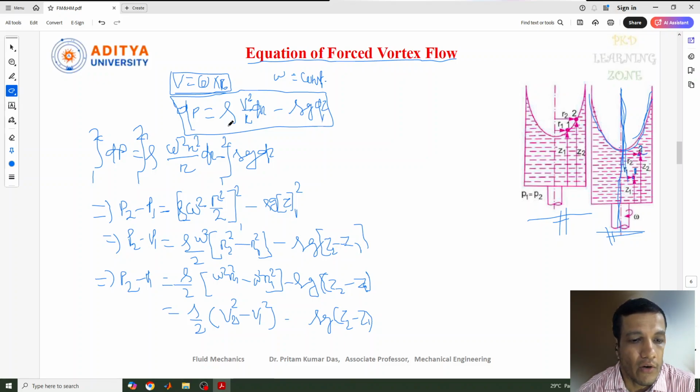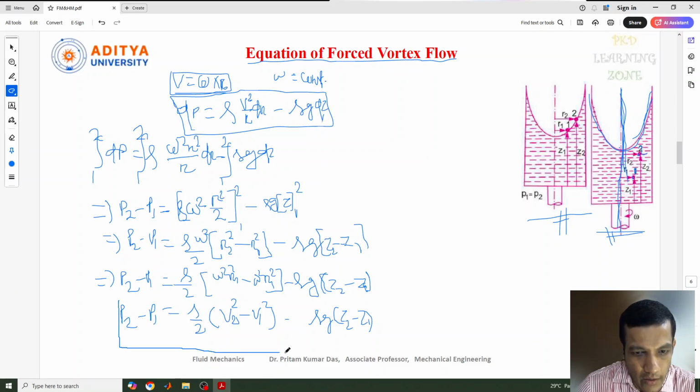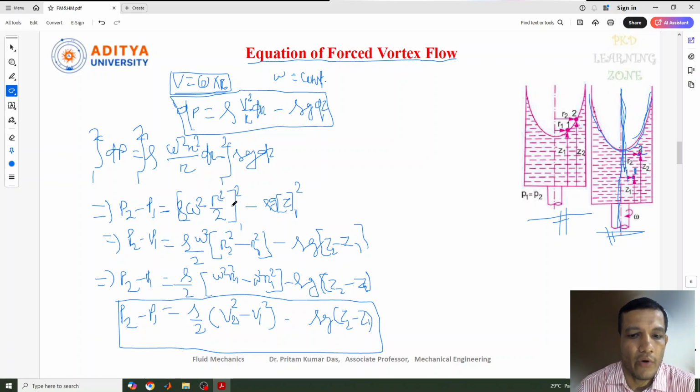So we got this equation, the pressure difference: p2 minus p1 equals rho by 2 times that bracket, plus rho g times (z2 minus z1).